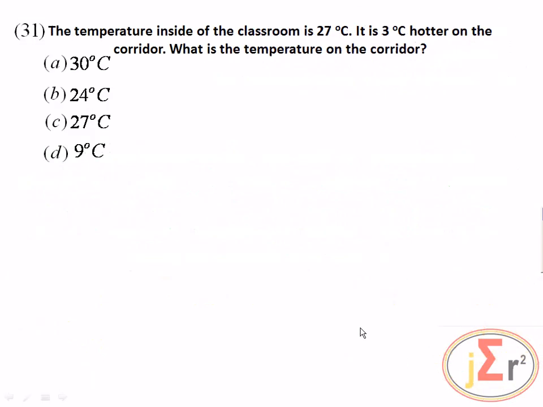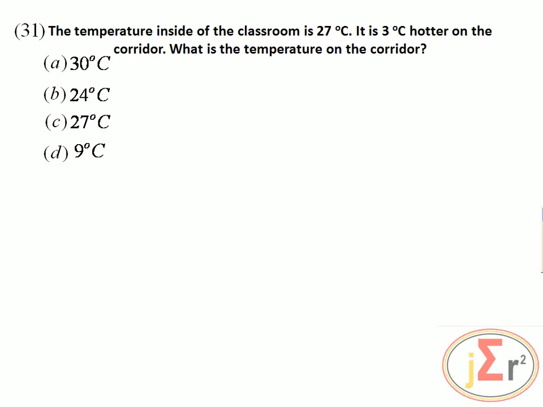Let us continue with problem number 31. The temperature inside of the classroom is 27 degrees Celsius. It is 3 degrees hotter on the corridor. What is the temperature on the corridor? So here we have a situation in which we have two different temperatures.